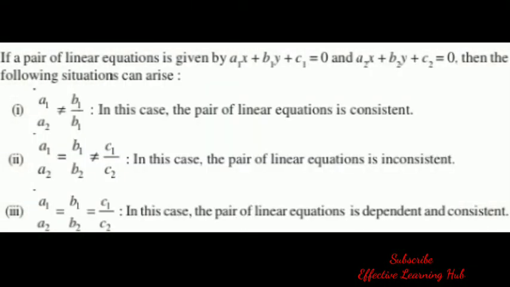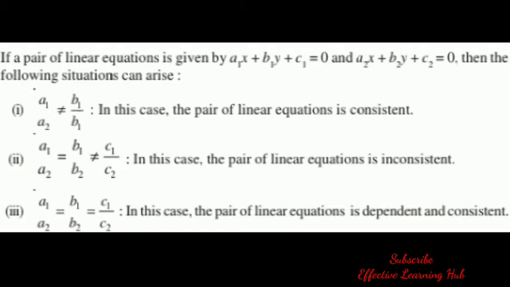One definition: if a pair of linear equations is given by a1x plus b1y plus c1 equal to 0 and a2x plus b2y plus c2 equal to 0, then the following situations can arise. First, a1 by a2 not equal to b1 by b2. In this case, the pair of linear equations is consistent.